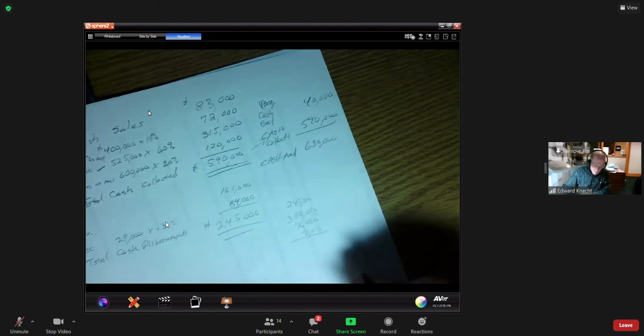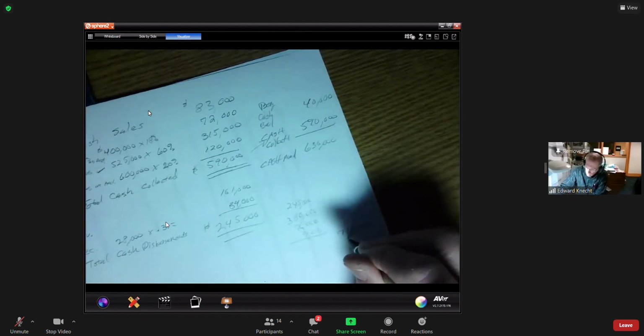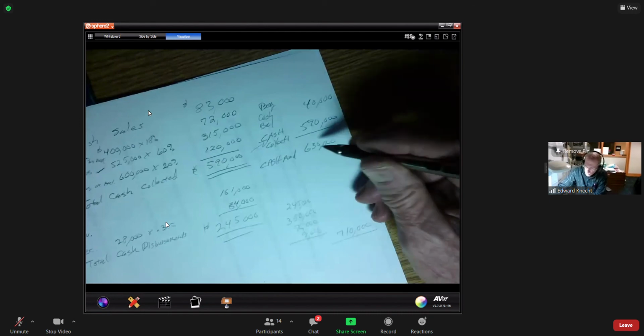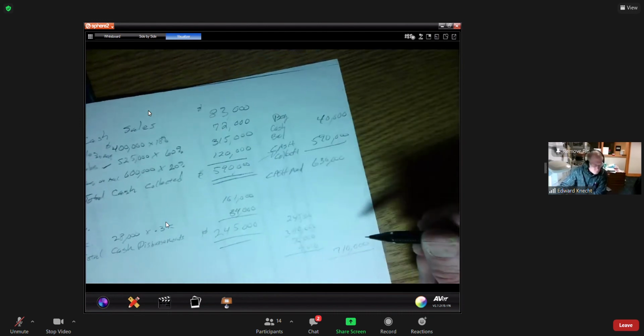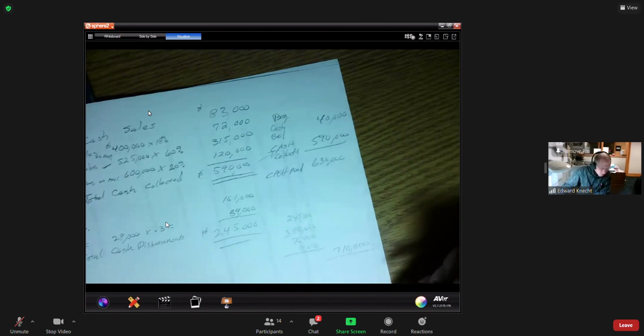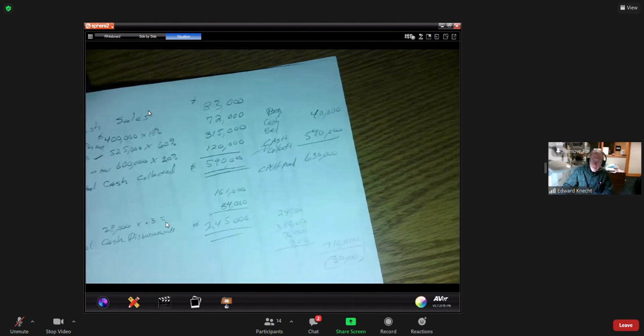So 245,000, 380,000, 76,000, and 9,000. So is that 710,000 total cash disbursements? Cash available, 630,000. We're going to have a deficiency here, aren't we? Is that $80,000 deficit? Yes.